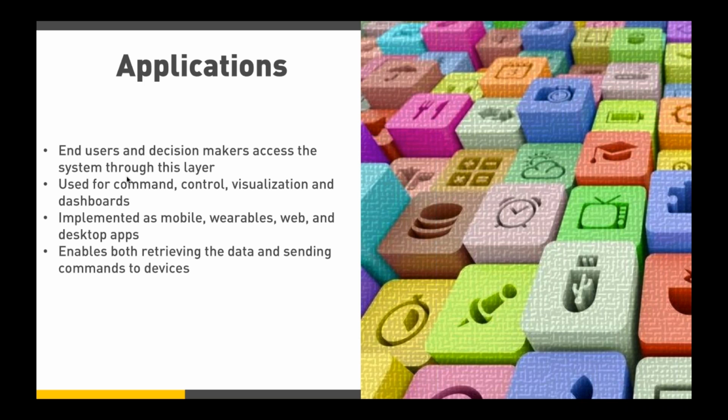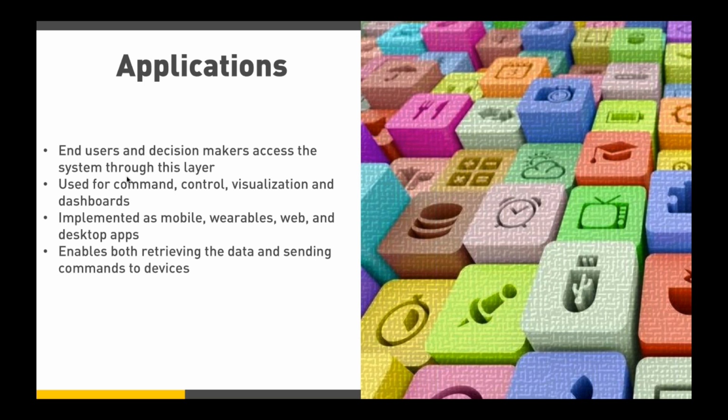Apart from that, the application tier is also responsible for sending commands to the connected devices. For example, a shop floor supervisor who is currently away from the manufacturing plant can get alerted when an anomaly is detected in one of the manufacturing equipments, and the anomaly, if not fixed, can result in a fatal incident.